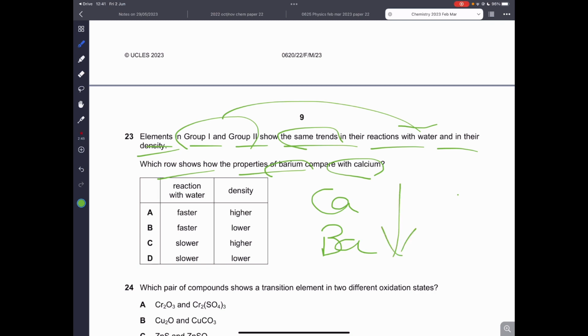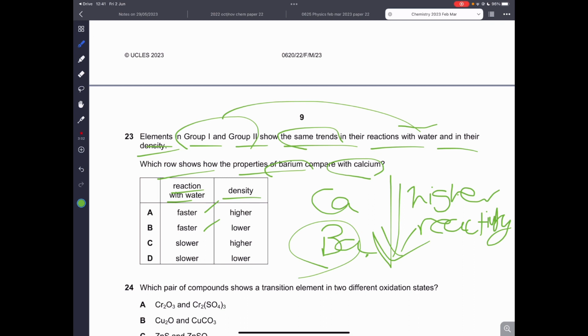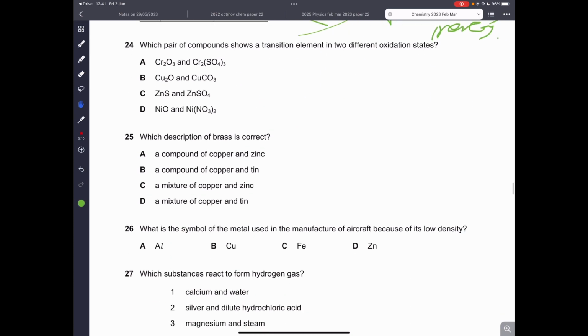Therefore, the lower you go, the more reactive it becomes. So barium is going to react faster with water than calcium. And as you go down the group, also in group 1, the density increases, and therefore the density is going to be higher, so A is the correct answer.